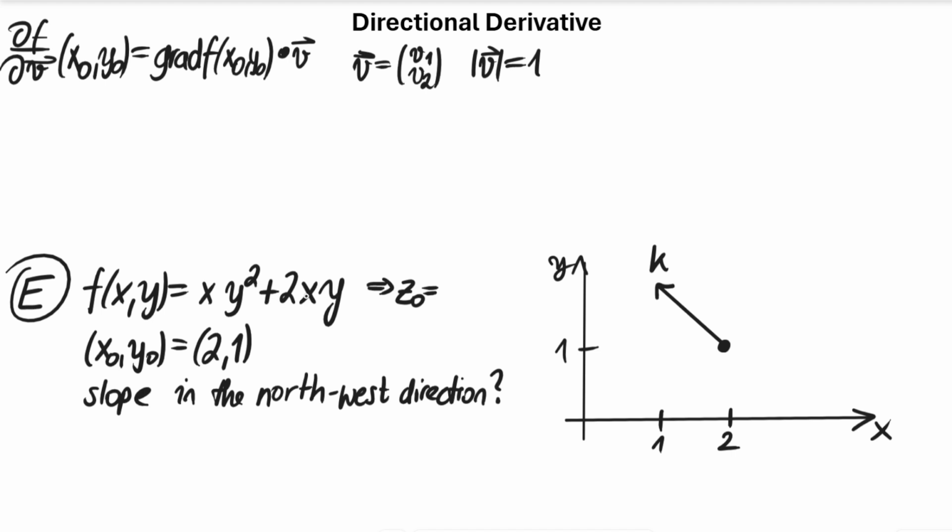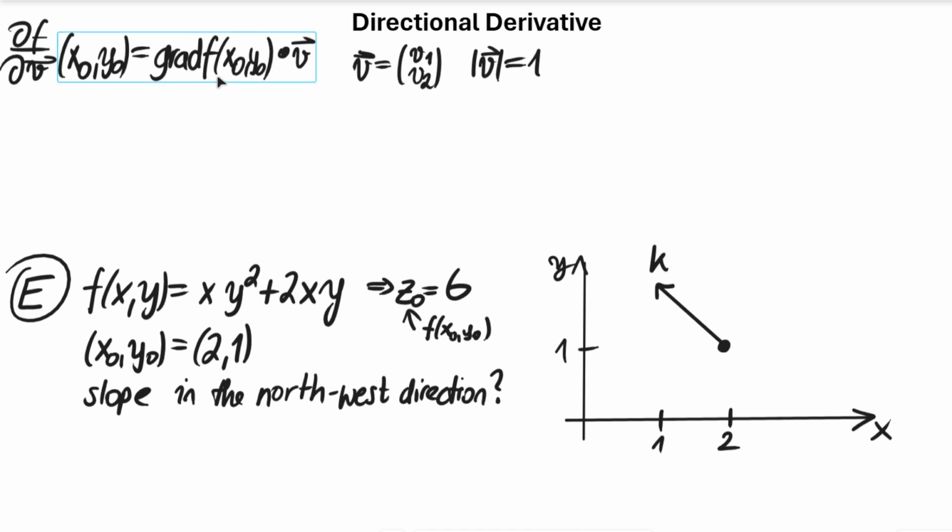So altogether 2 plus 4 is 6. This is simply the function value at our point of interest. So the height we are standing at here is 6.